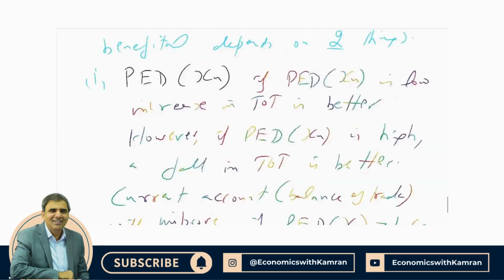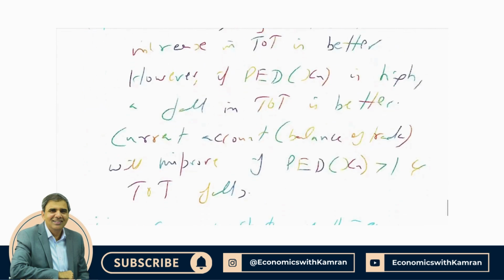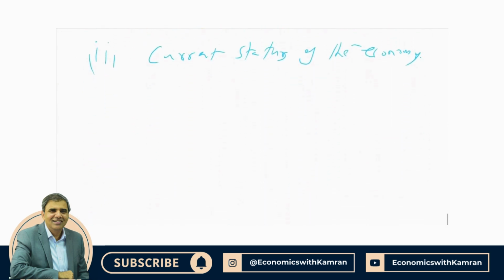As we know, the increase in TOT lowers AD, whereas the fall in TOT raises AD. So it depends on the availability of excess capacity.